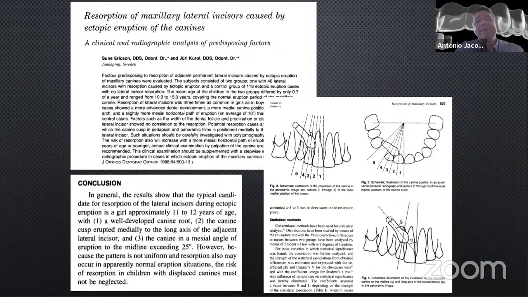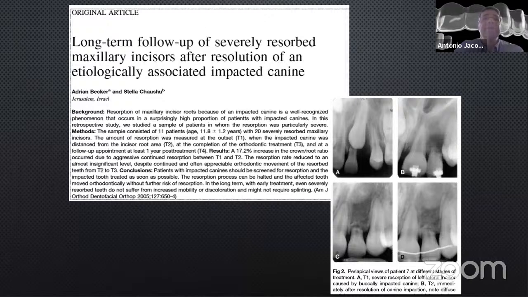The other case is very similar, but we used skeletal anchorage. This is another article from Adrian Becker and Stella Chaushu, and they showed long-term stability, maybe in some laterals with almost the entire root resorbed.